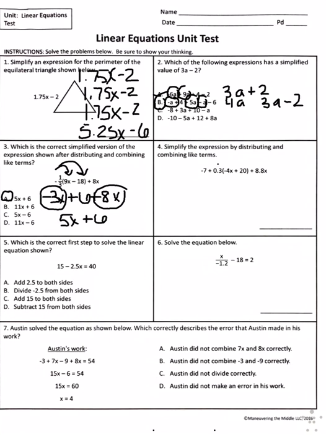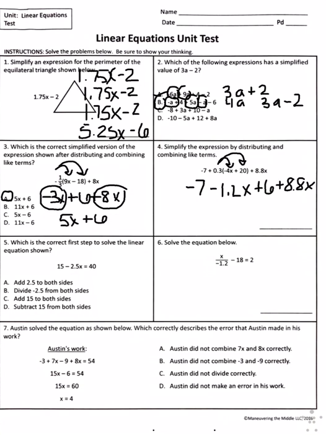Number 4, we distribute to both parts of the parentheses. 0.3 times negative 4 is going to give us negative 1.2x. We do it again. 0.3 times a positive 20 is going to give us 6, and then plus 8.8x.